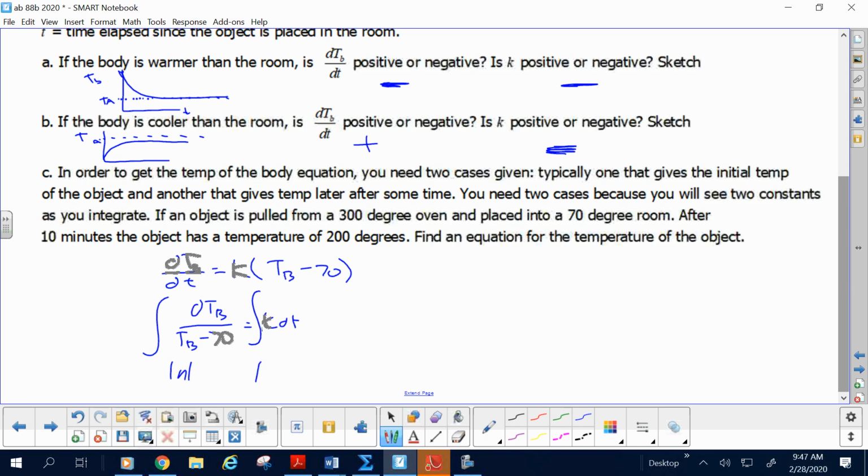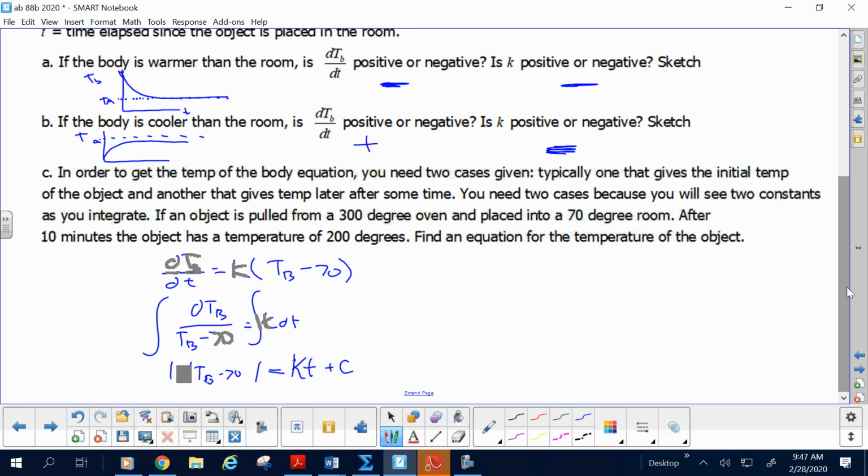Natural log of the absolute value of T sub B minus 70. That minus 70, I guess you could use substitution, but I only use it in a case where I have a coefficient. The added constant wouldn't be a big deal. What about the antiderivative of the right side? KT plus C.